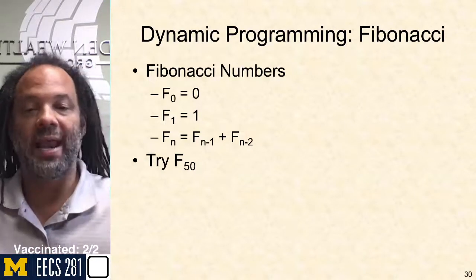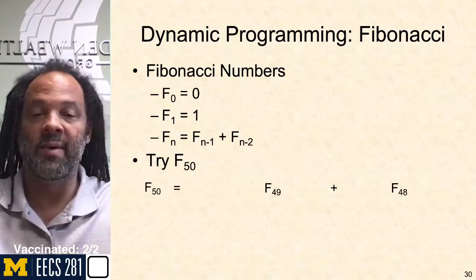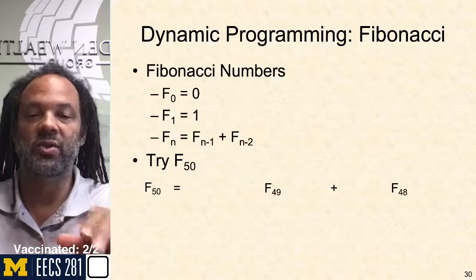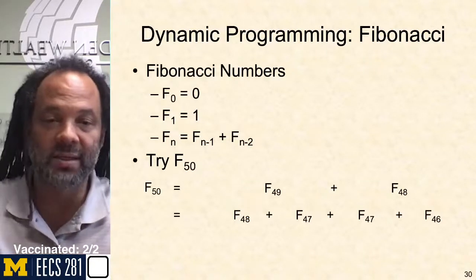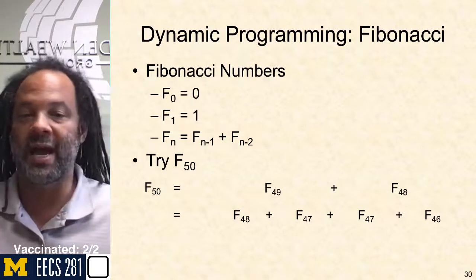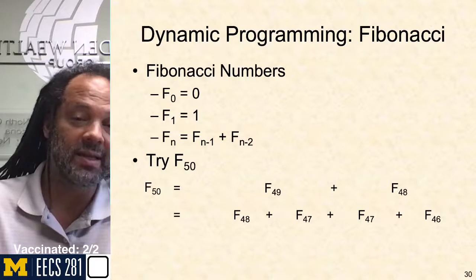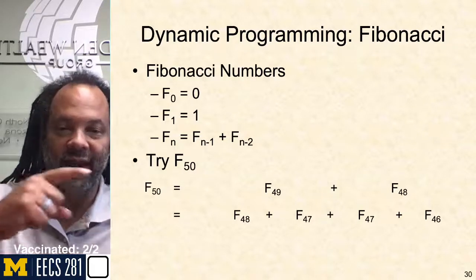So let's look at f of 50. I say f of 50 is really just the sum of f of 49 and f of 48. Great. There's 2 smaller subproblems. I got no problem pulling it off. But how do I solve f of 49? It's really just f of 48 plus f of 47. F of 48 is f of 47 plus f of 46. And hey, wait. There's an overlap.